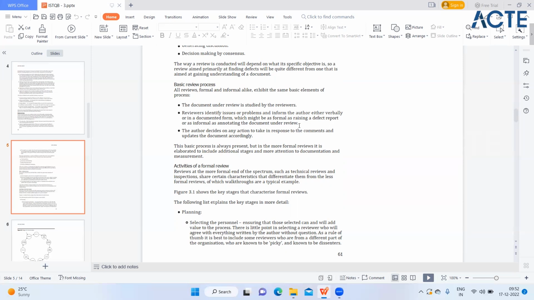For example, if you are reviewing that document and you find any gap or any kind of requirement issue, maybe you can tell it to him directly in a meeting, or in the formal process you have to document it, like these kinds of defects I have found in these 5 pages of that document. Or you can just send that document to that author.